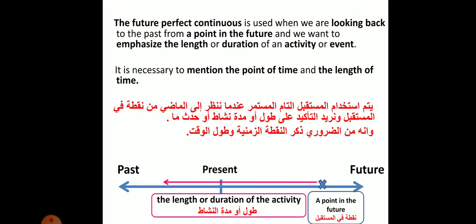Here it is necessary to mention the point of time in the future and the length of the event, or the time. Please look here at the timeline. We have a point in the future and we have the length of the time or duration of the activity. So here we are looking back to the past from a point in the future.